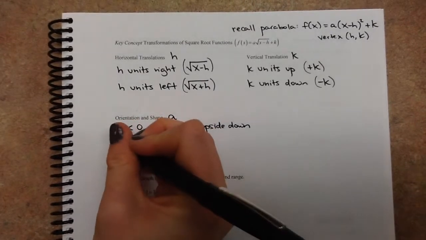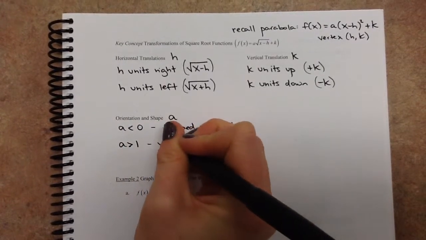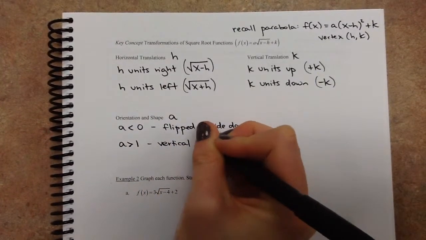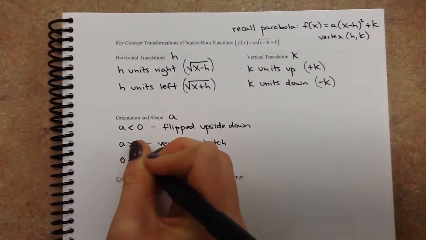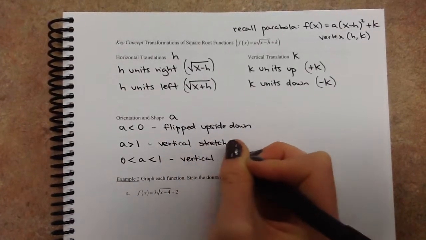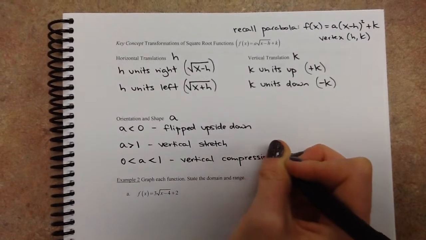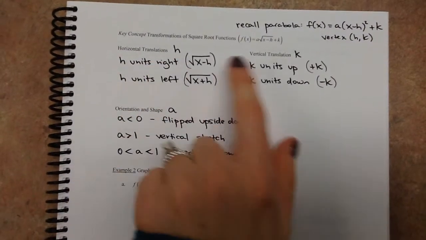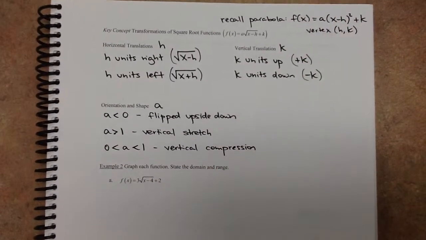And then if its value is greater than 1, that's a vertical stretch. These are the same rules that we've seen for a bunch of different types of graphs. And if a is a fraction between 0 and 1, there is a vertical compression. Okay, so these are almost identical to the rules that we had for the parabola over there. So I just wrote this just to kind of compare for you.